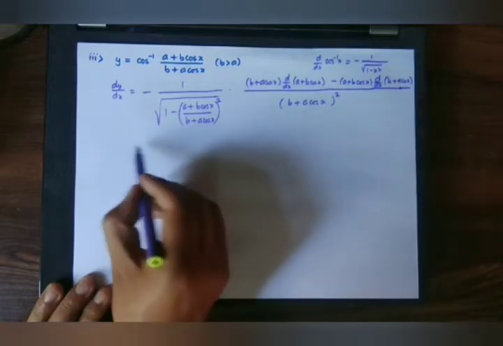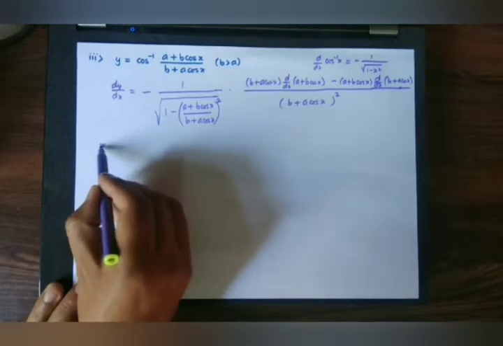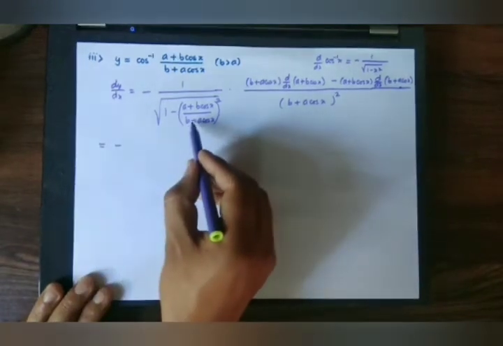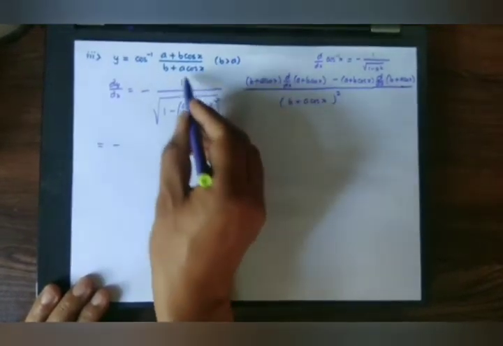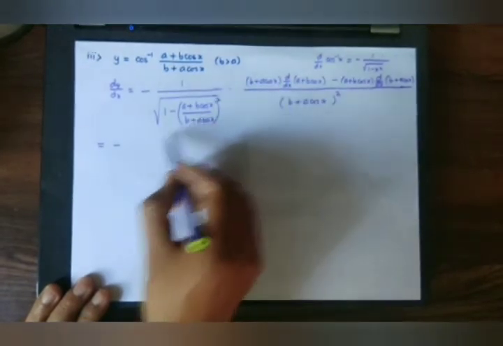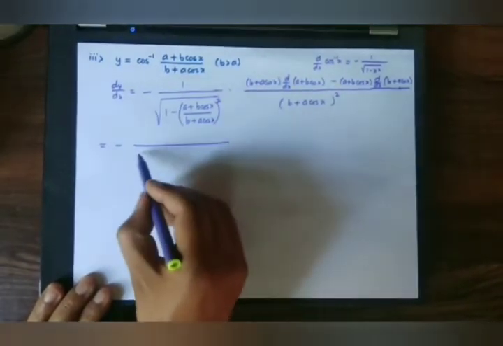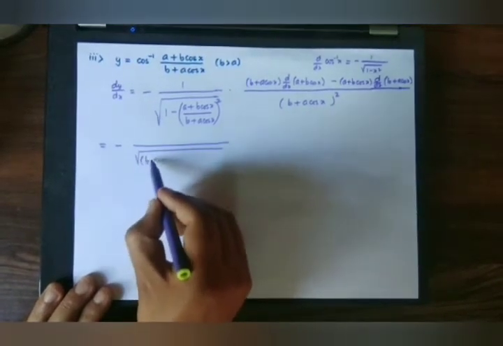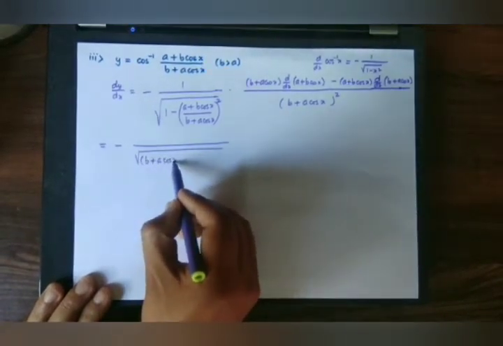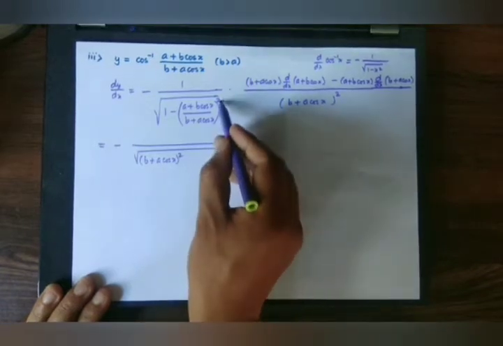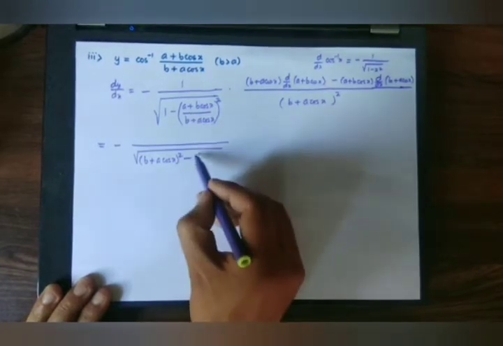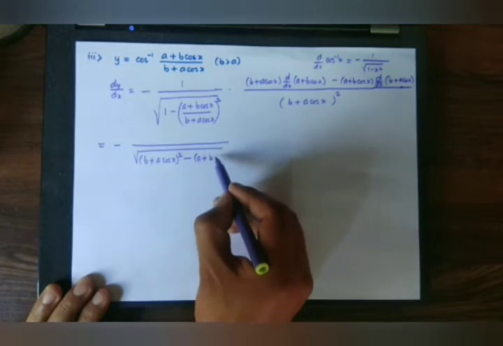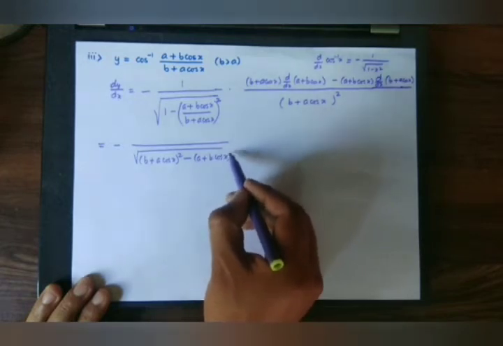Let us simplify this further. So we'll get negative, and when you simplify only this part, in the denominator we have (b plus a cos x) whole square, minus (a plus b cos x) whole square.